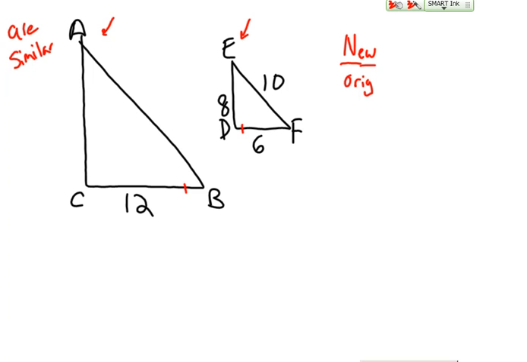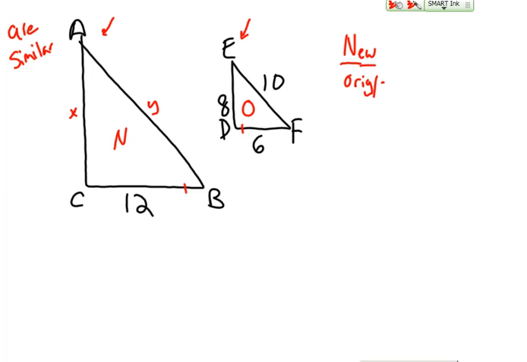So side AC over here and side AB over here, they are unknown. On our homework, we would have an X here, maybe a Y, something like that. If we're going to follow our rules of new over old, this would be the new one. See, I just did it there. And this would be the old or original. Again, I use that back and forth, so please don't be confused.